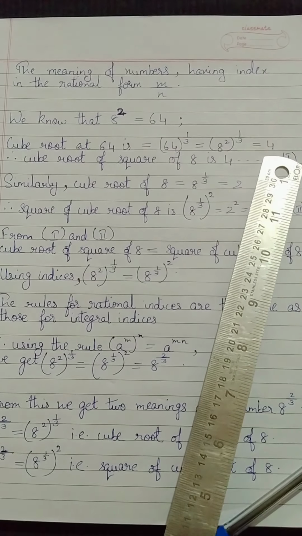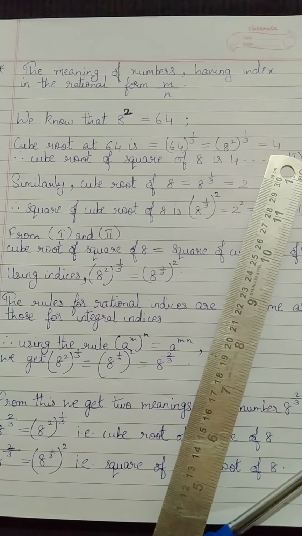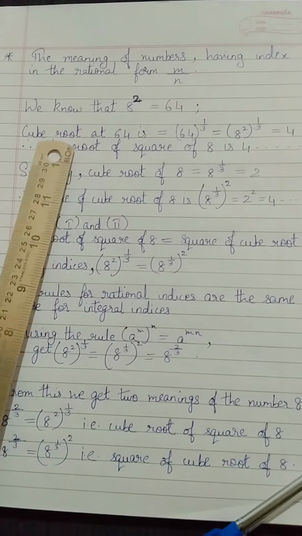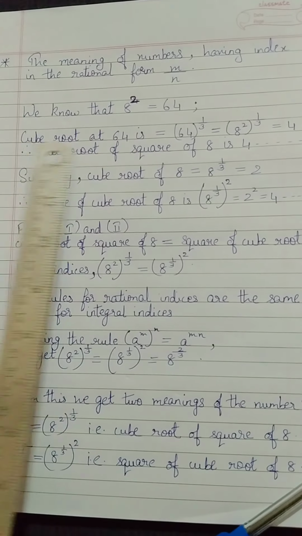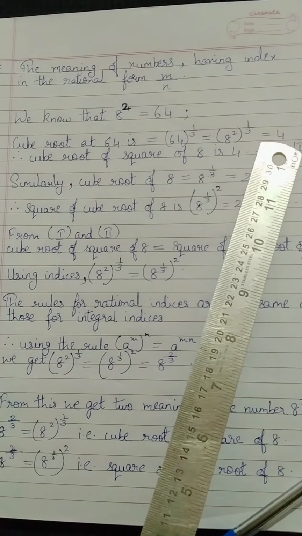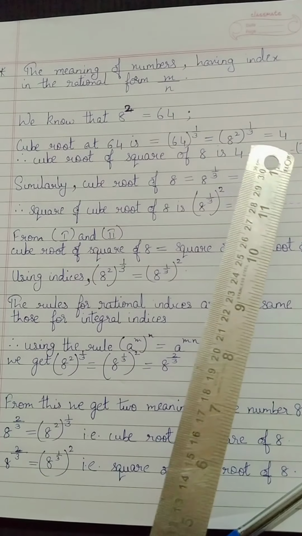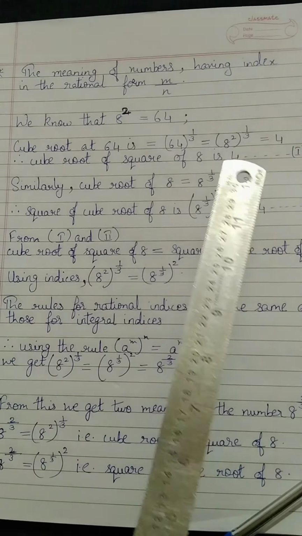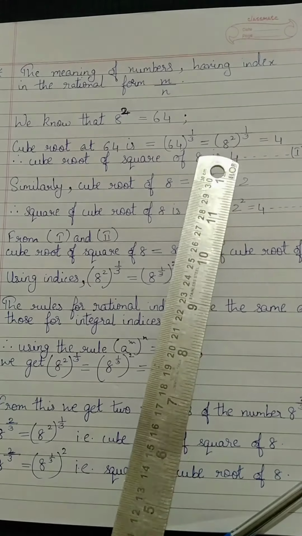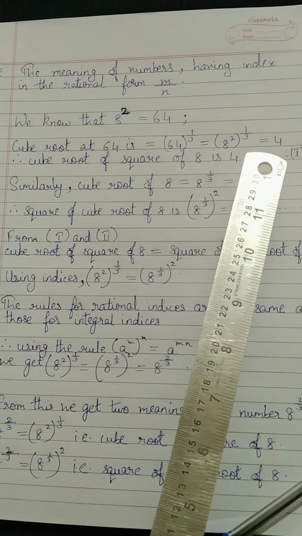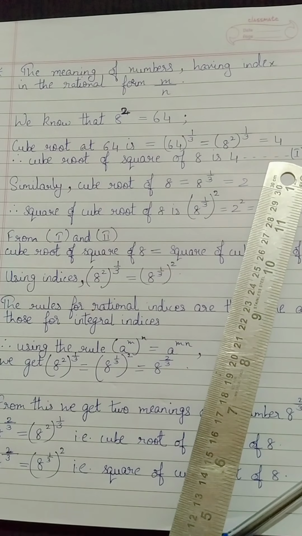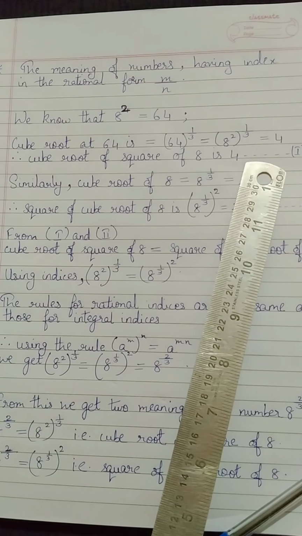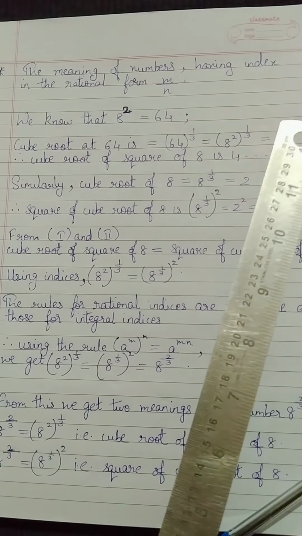Now how has it become 4? We have to find the cube root of 64, so here it is 4. How we got this: 3 times we have to mention 2, because it is the cube root of 8 square. So 2 into 2 into 2: 2 into 2 is 4, 4 into 2 is 8.